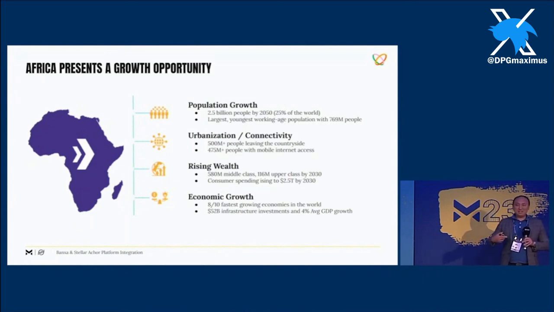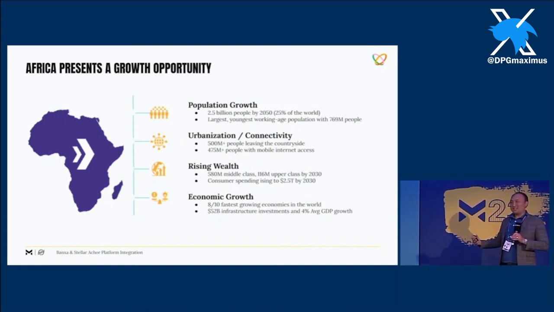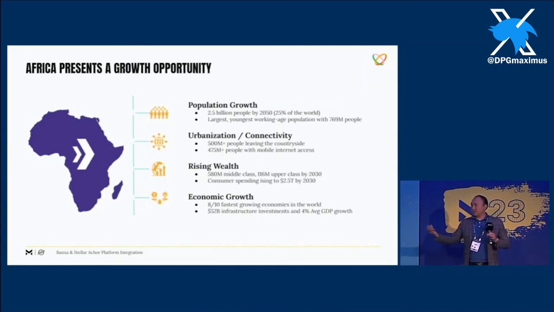Now, one of the key things is we're focused primarily on Africa, and there's tremendous growth opportunities across Africa, and I'm head of growth for Flutterwave, so this is kind of what I'm keying in on. But there's a couple of things to just kind of highlight what's going on across the continent and why it's really interesting. If you guys are interested in more, I'm happy to chat with you more about that.